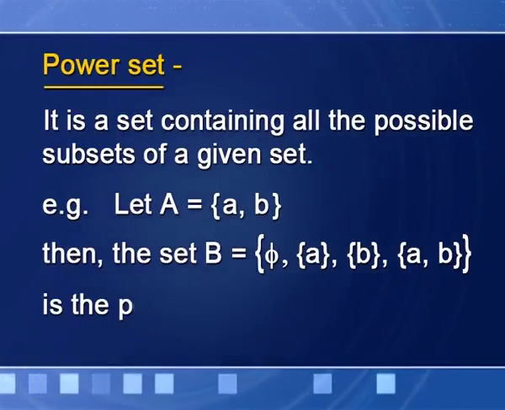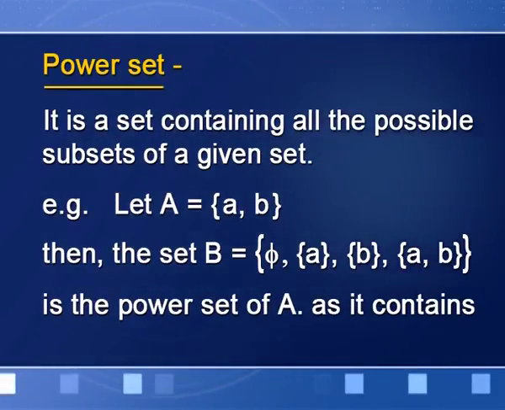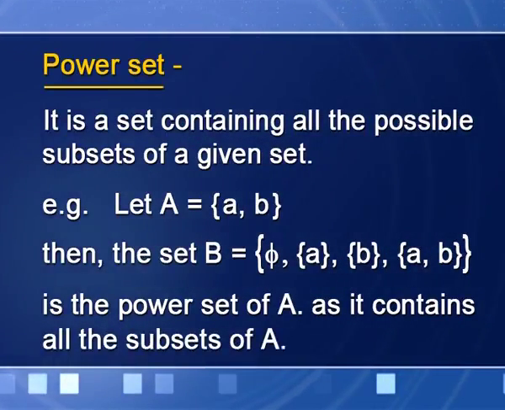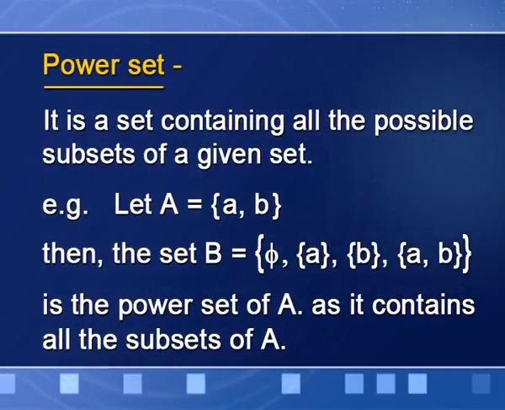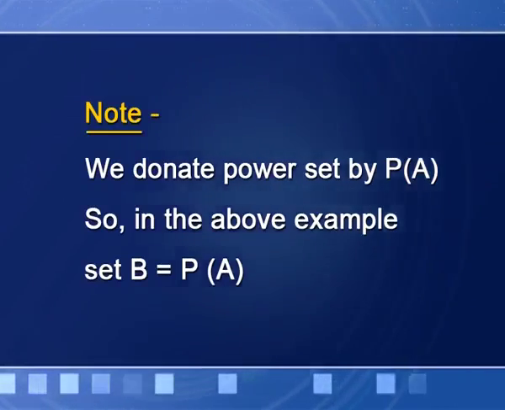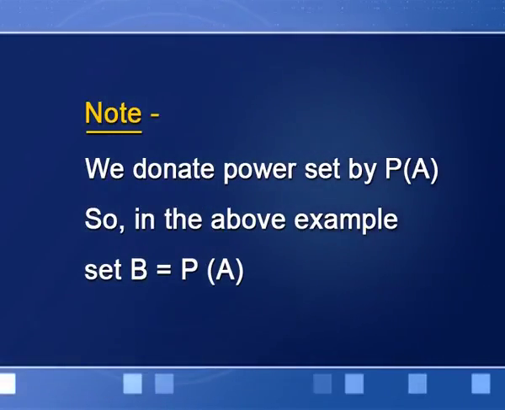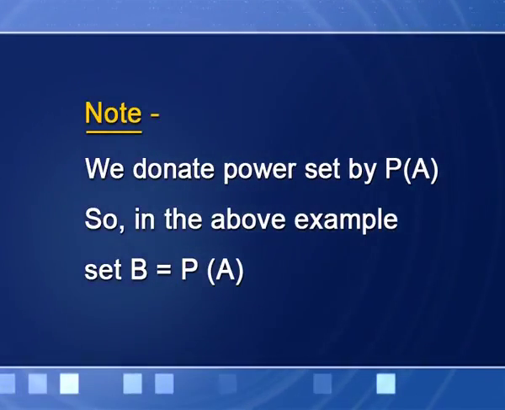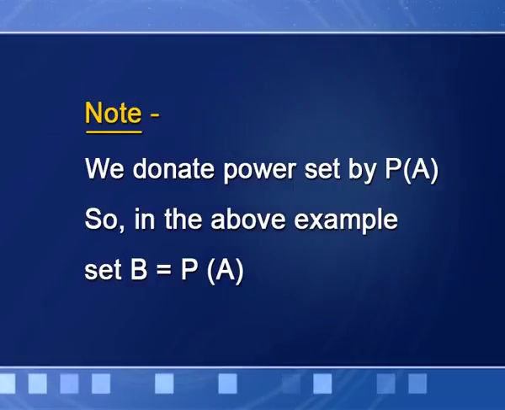These four are the possible subsets of the set A. So this set B will be the power set of set A, and we denote the power set by P(A). So here, since B represents the power set of the set A, B will be equal to P(A).